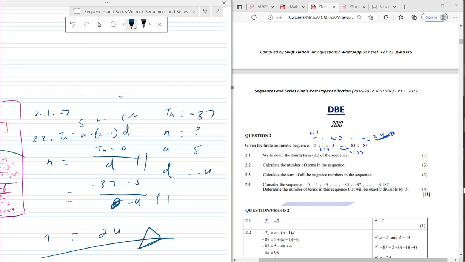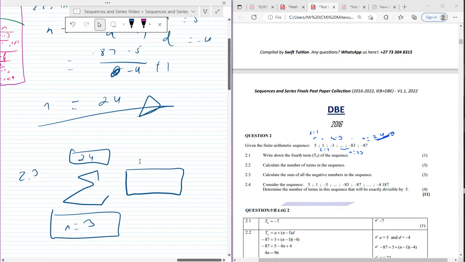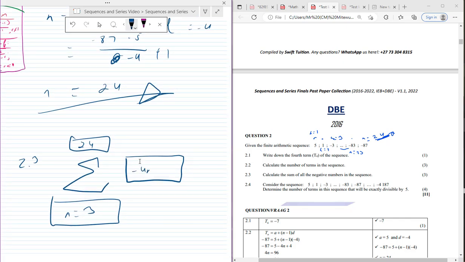That'll be -4n, -4 plus 5, that'll be plus 1. So -4n plus 1. That's what goes over here. Because I take the original sequence, the -4n plus 1 sequence, and then I start from the third position of that sequence. Okay, and then we continue from there, 3 in, and then you go up until the 24th position of the sequence.